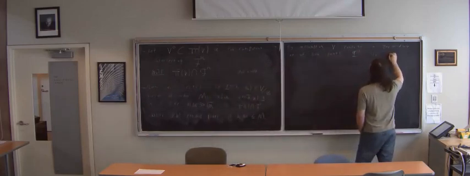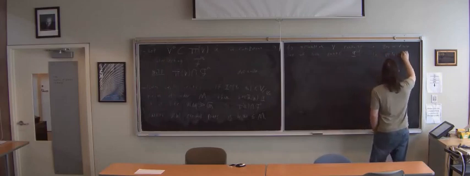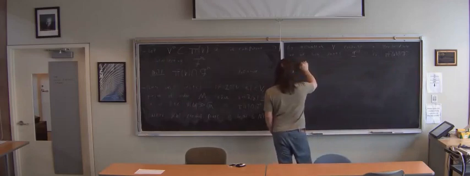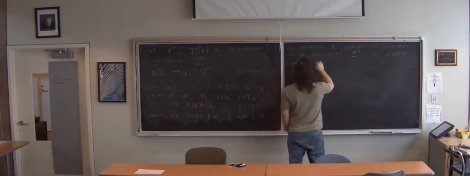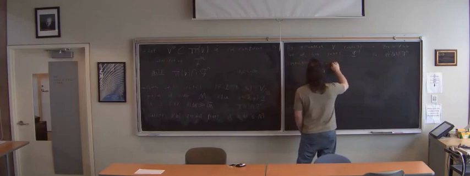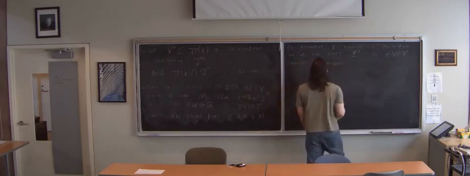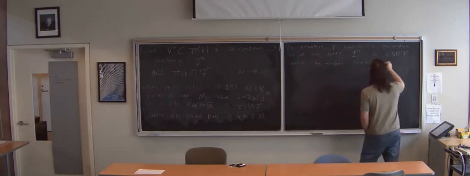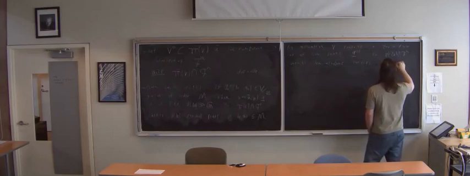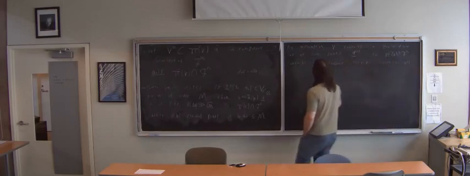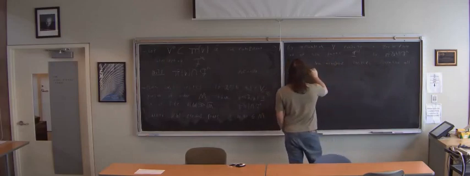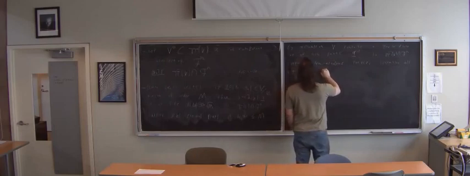And so pi inverse V intersect f to the n contains semi-algebraic varieties containing all but finitely many, all but sub-polynomially many of these points.